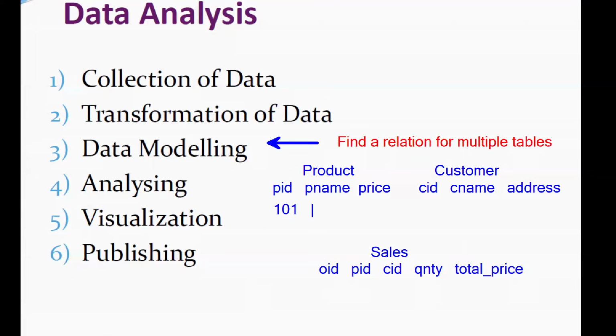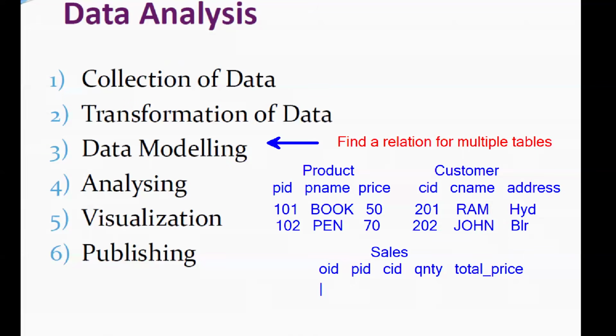Selected example product is a book. Its cost is 50 rupees. Customer ID is 201. Customer name is Ram, and his address is Hyderabad. And one more product we added, 102. Its cost is around 70 rupees. And we have a customer, ID 202, John. He's from Bangalore.